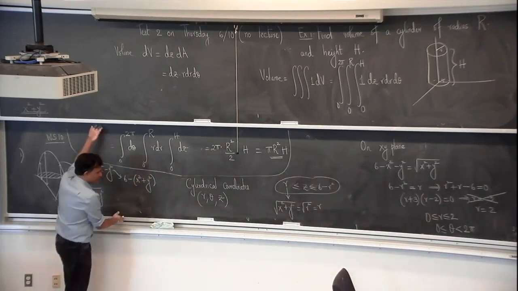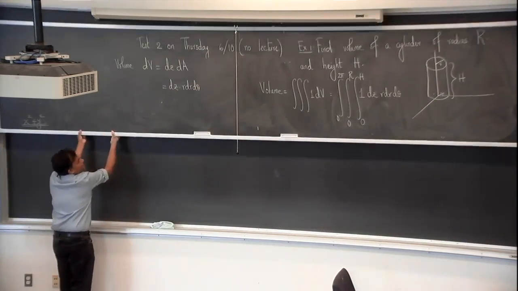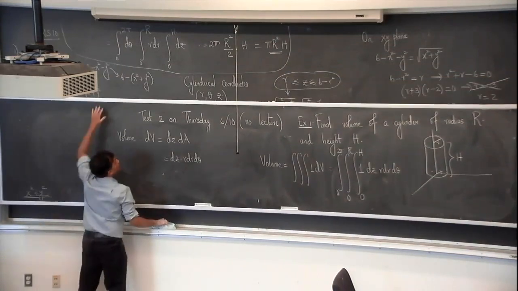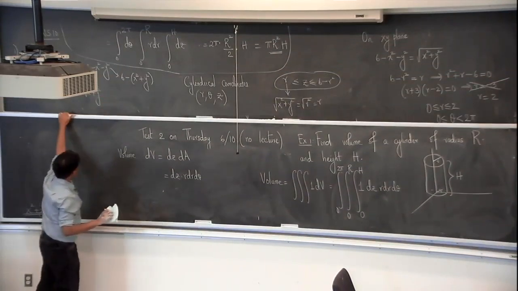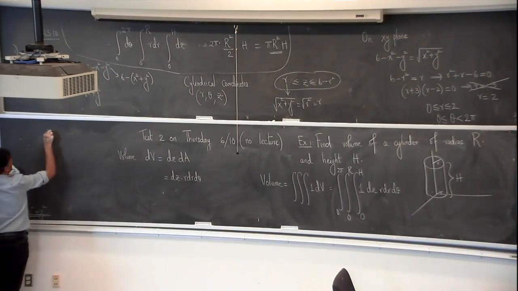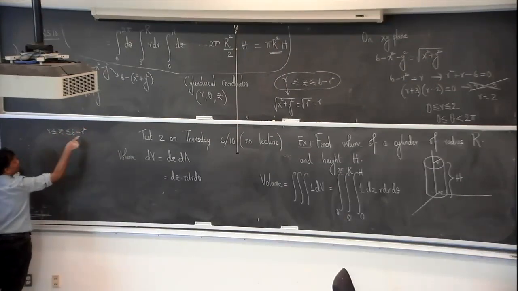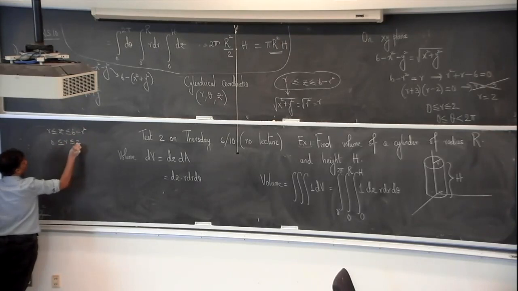So let me just summarize what I just did. For this picture, using cylindrical coordinates, z is between r and 6 minus r square. That is the floor, and that's the roof. r is between 0 and 2, and theta is between 0 and 2 pi.